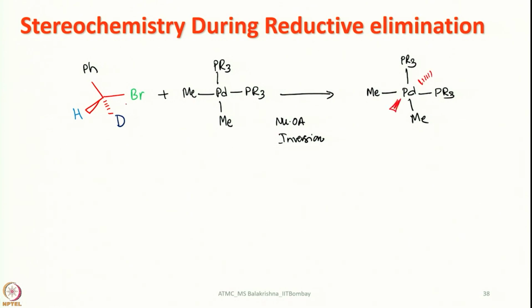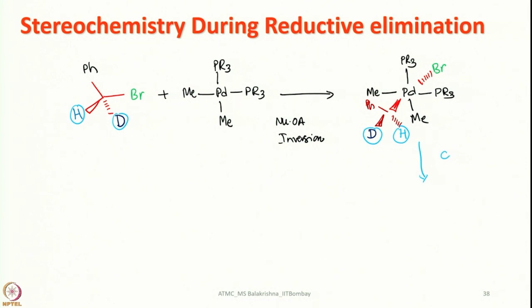You should remember this is a polar process. So, nucleophilic oxidative addition means they will be added to the trans positions. What we have here is bromide, so now oxidative addition is completed.